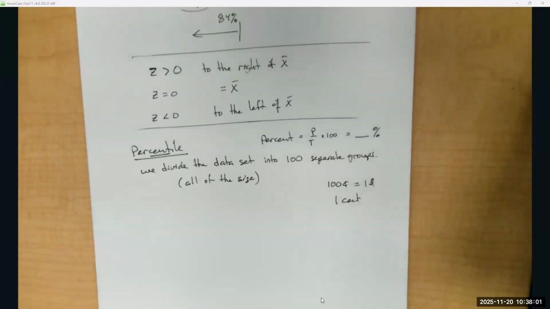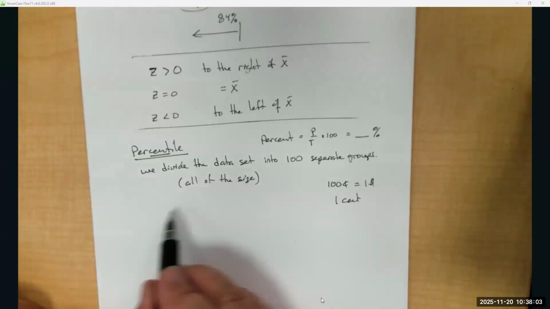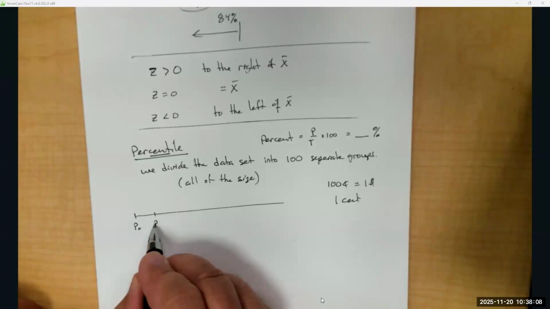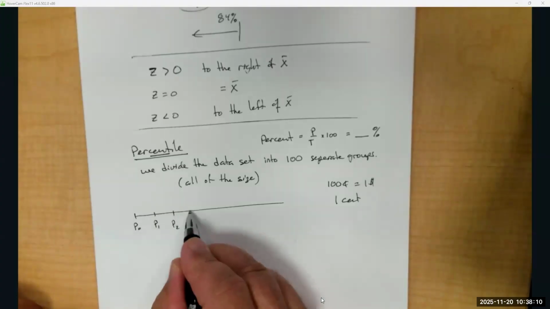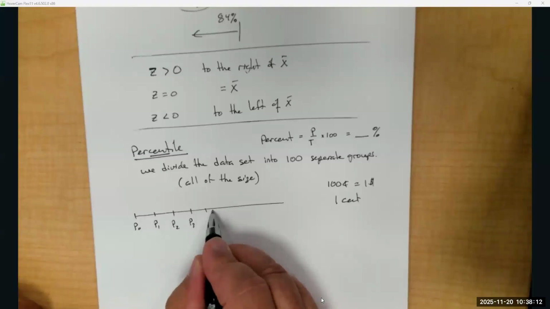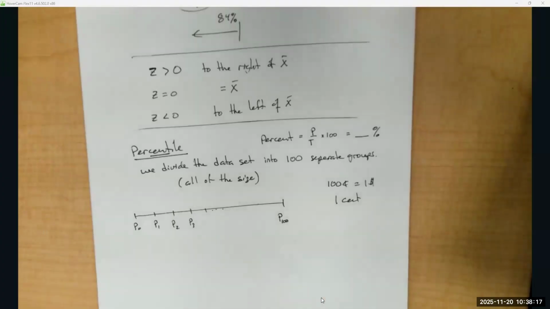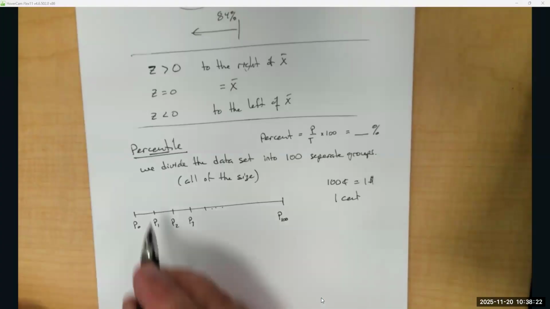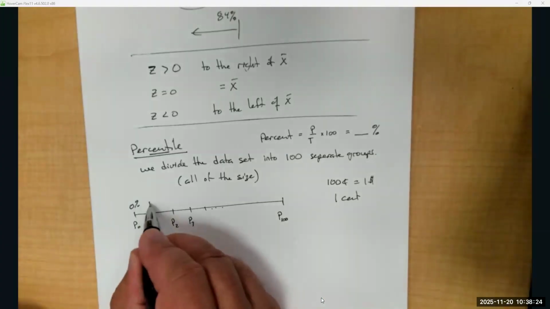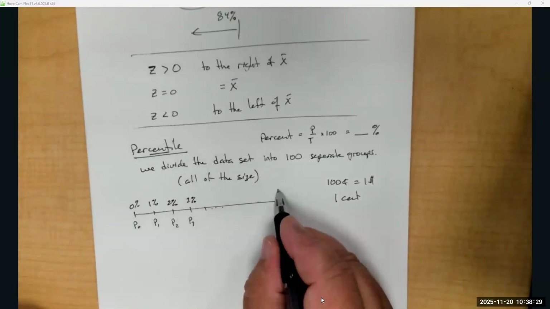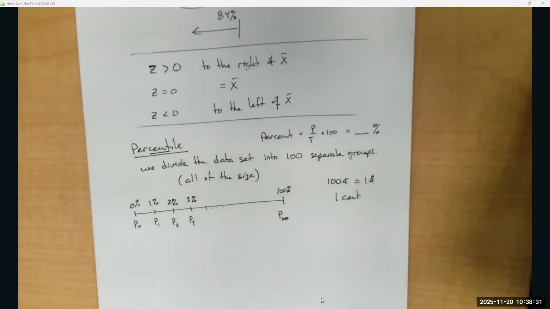It's 1/100th. So we will create these percentiles, where each of these is 1%, all the way to 100%. So far, so good?